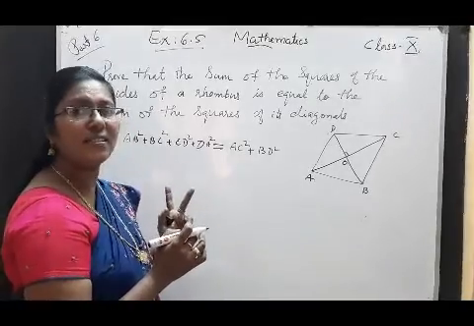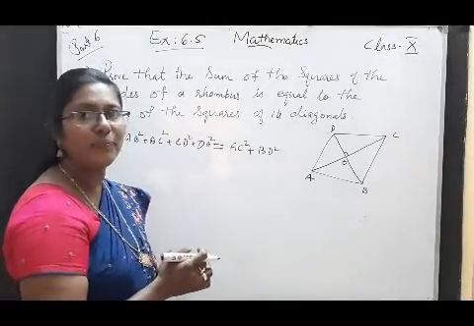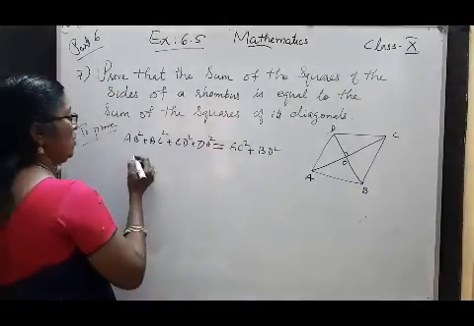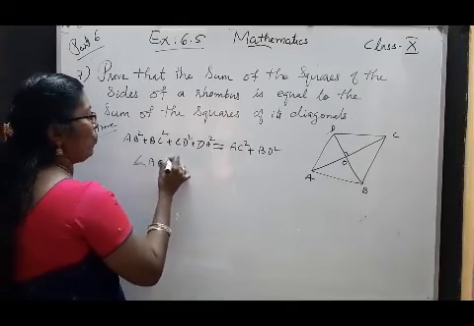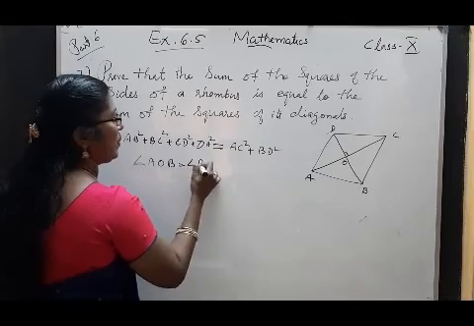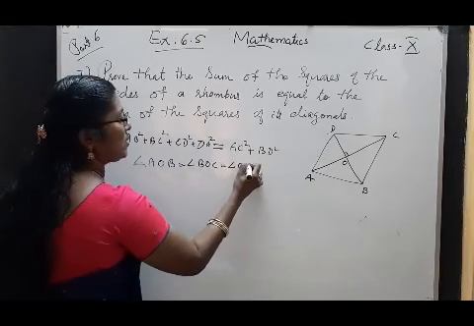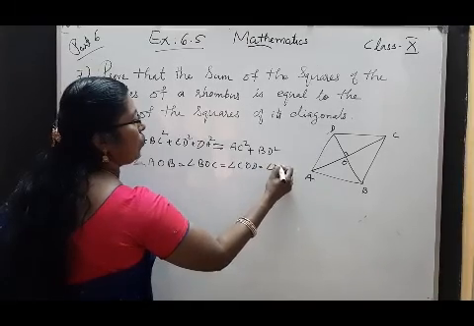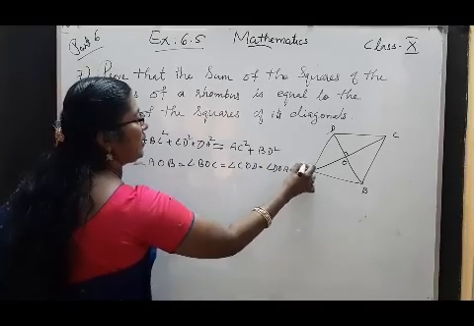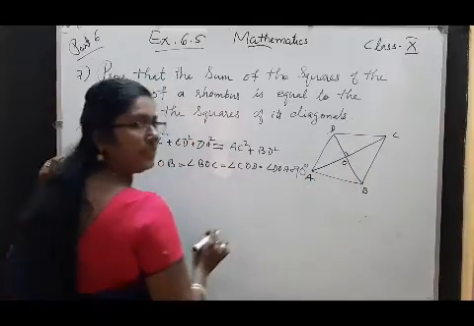We know that the diagonals bisect each other perpendicularly at 90 degrees. So angle AOB equals angle BOC equals angle COD equals angle DOA, each angle is 90 degrees.